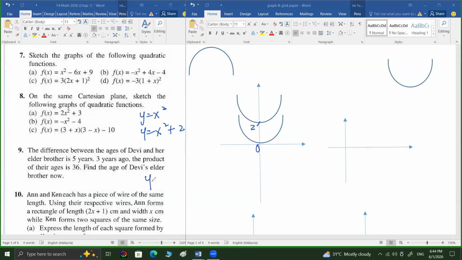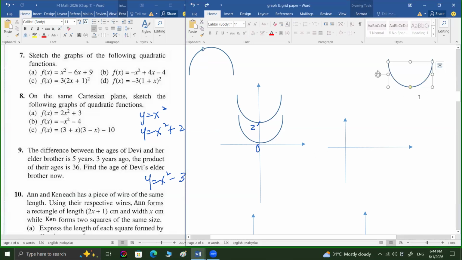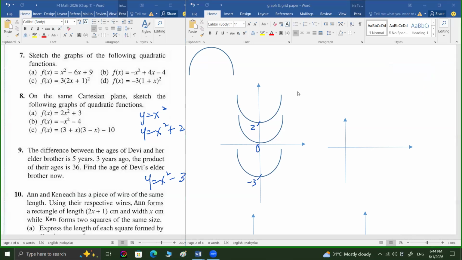Or if I give you y is x squared minus 3. So the graph, we shift it down here. Okay, so you have minus 3 like that. Up, down. The graph will be up, down. Okay, now even if I give you 2x squared, when I ask you to sketch, it's still the same, parabola positive. Got it?